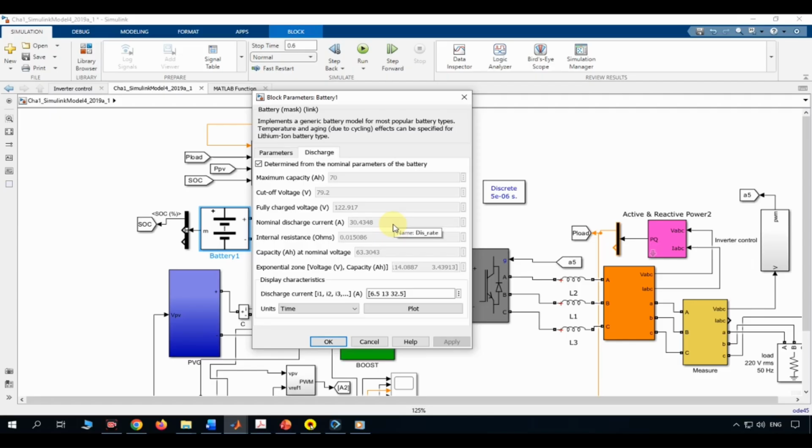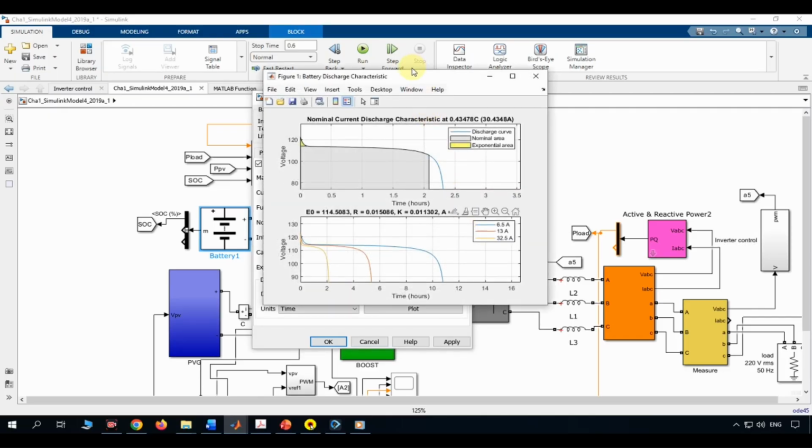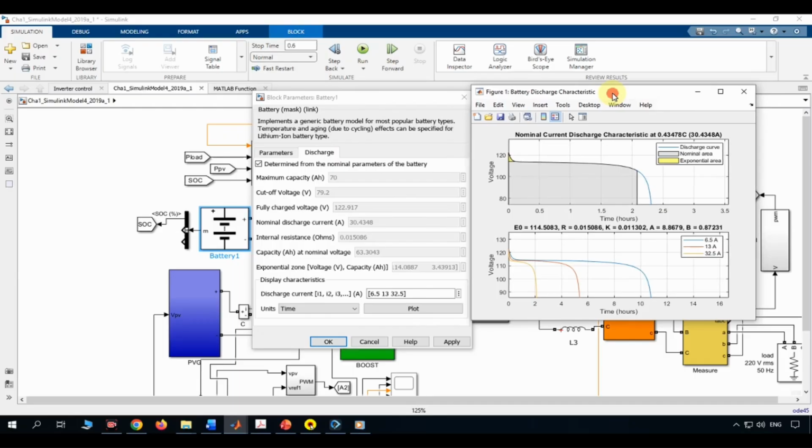This is the discharge rate that the nominal voltage rating is actually specified at. You'll notice the plot title says exactly this: nominal current discharge characteristic at 0.43478 C, 30.4348 A. That C notation means the battery is being discharged at 0.43478 times its rated capacity per hour, a fairly moderate, realistic discharge rate for characterizing the curve.